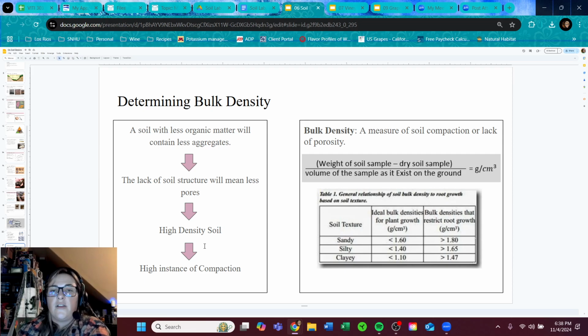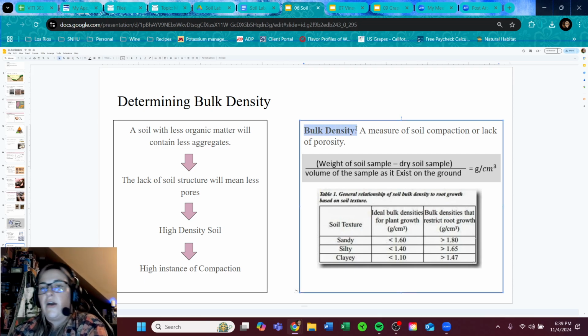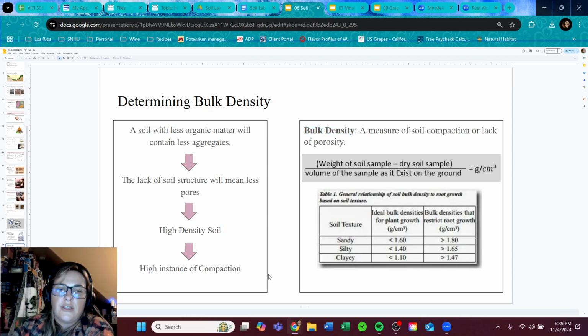Okay, bulk density is also an indication of compaction. It is the density of the soil and the abundance or lack of pores, or porosity, in the soil. We didn't do this in our lab, but it is important to know the relationship of the measurement of bulk density and how it is related to soil compaction.